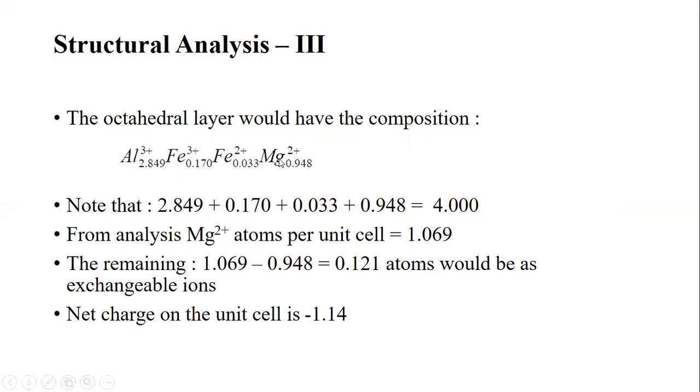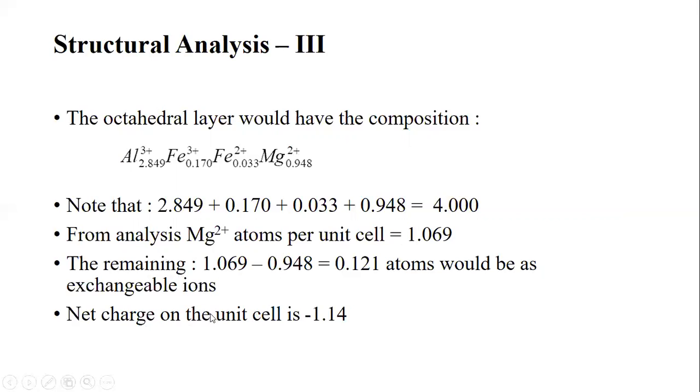We did not need all of it in the octahedral sheet. We needed only 0.948. So from analysis, magnesium atoms per unit cell, 1.069. Subtract what we needed for the octahedral sheet. The remaining 0.121 atoms would be exchangeable ions.